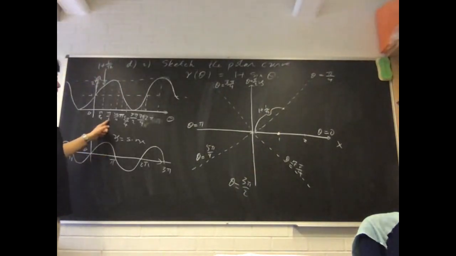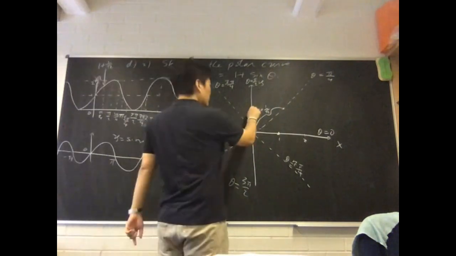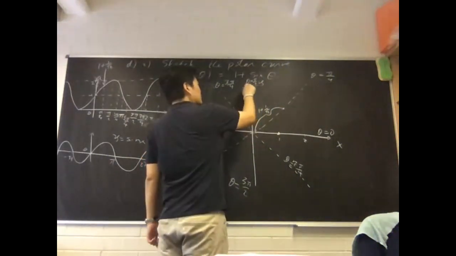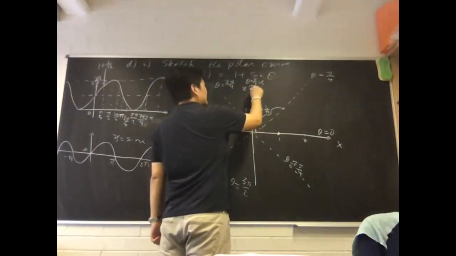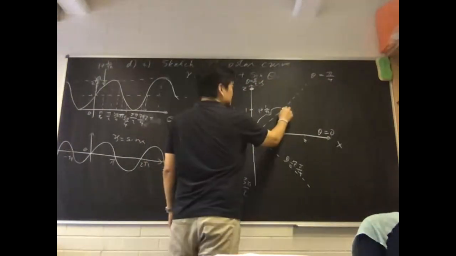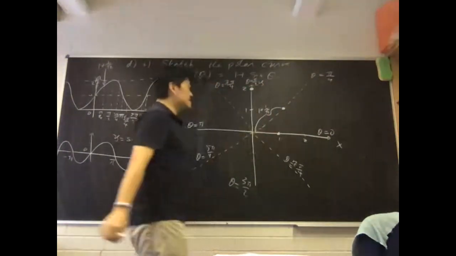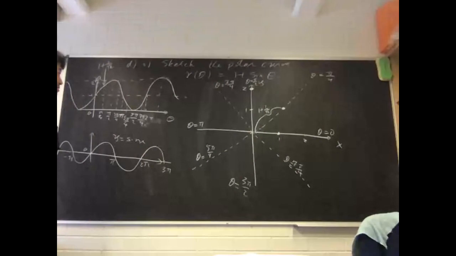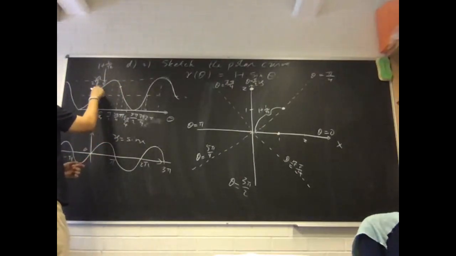And when I'm at pi over 2, my height is going to be 2 now. So if that's 1, and that's 2, I'm going to be up here now. And what about 3 pi over 4? Well, 3 pi over 4 is completely symmetric to pi over 4 about pi over 2.